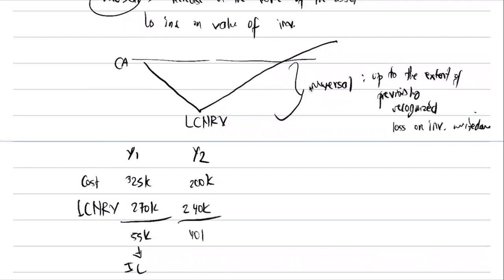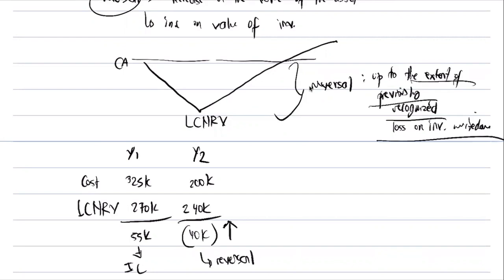So we have a 40,000 increase in value. This is known as your reversal. You can only reverse up to the extent of the previously recognized loss on inventory write-down. Since our initial write-down is 55,000 and we reverse 40,000, this is enough. Therefore, only 40,000 will be reversed.